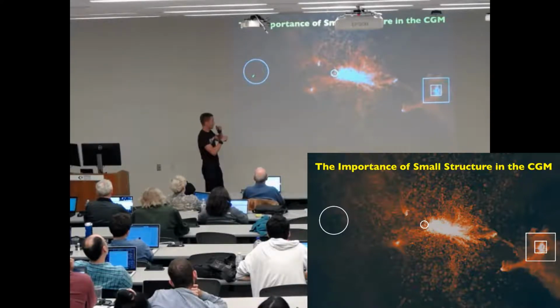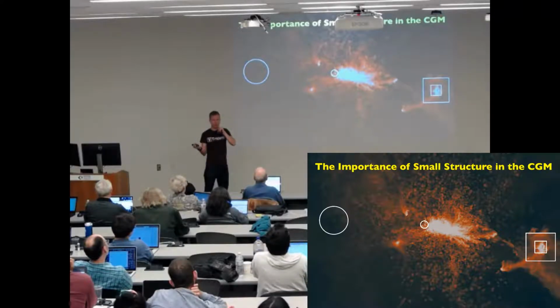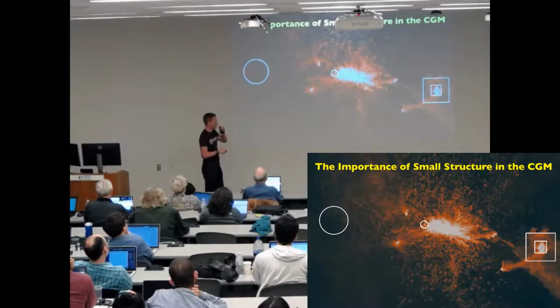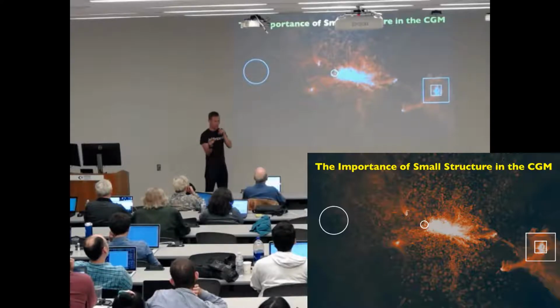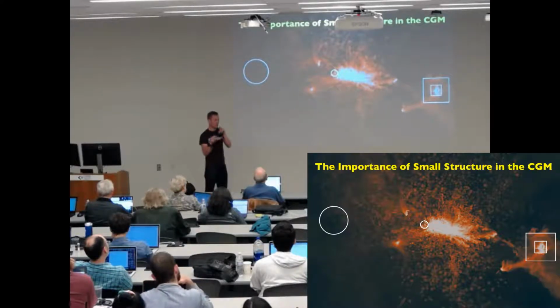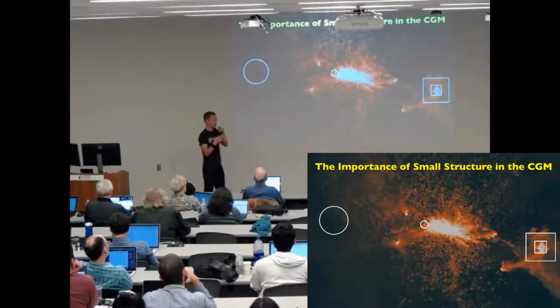Whereas in the outskirts, you have really crummy particle density, so you have really crummy spatial resolution. Or you have grid-based codes using adaptive mesh refinement, where you're specifically triggering your refinement and spatial resolution based on density. So again, in regions of high density, you have very good spatial resolution, and in regions of low density, like the CGM, you have very poor spatial resolution.